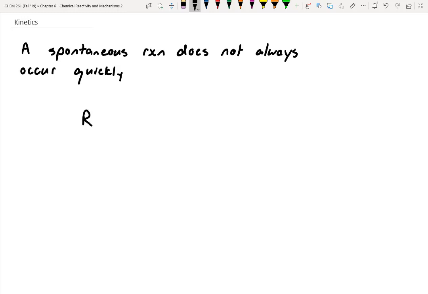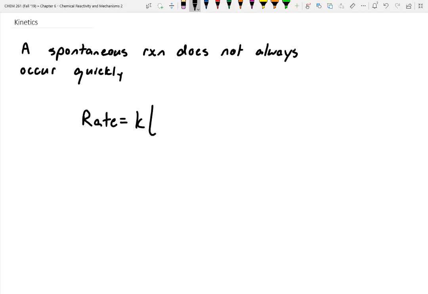So if we think about the rate of a reaction, we can factor in a few different things. One is this little k. We have to be really careful to show this as a little k, not a capital K. What's a capital K? That's an equilibrium constant, right? Little k is our rate constant.